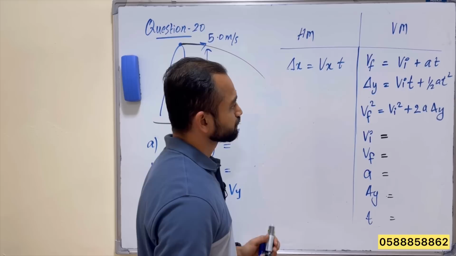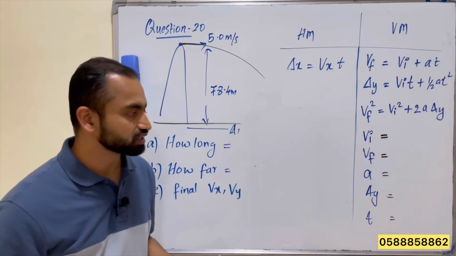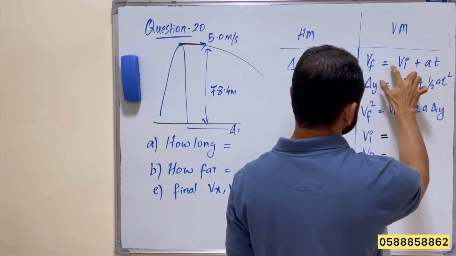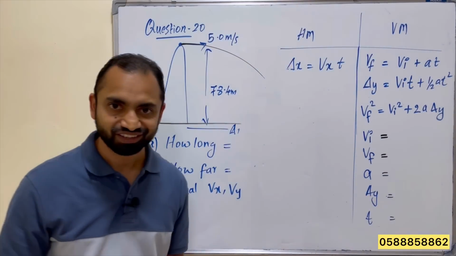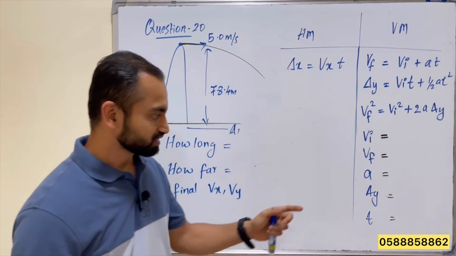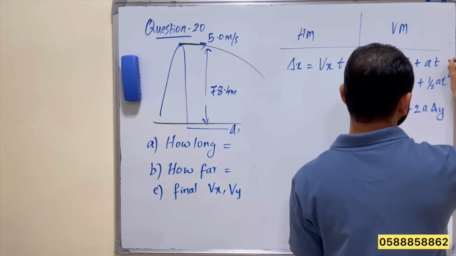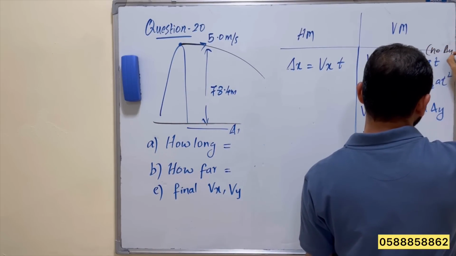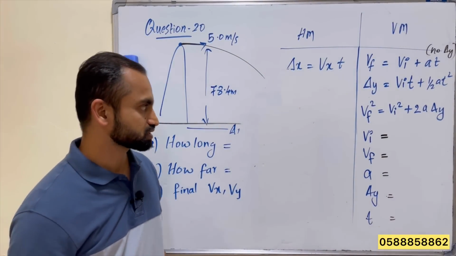So when we use the first equation, you can see what is not there. Final velocity is there, initial velocity is there, acceleration is there, time is there. What's not there? The displacement, delta y, is not there. So you will use the first equation if no delta y, no vertical displacement, is given in the question.